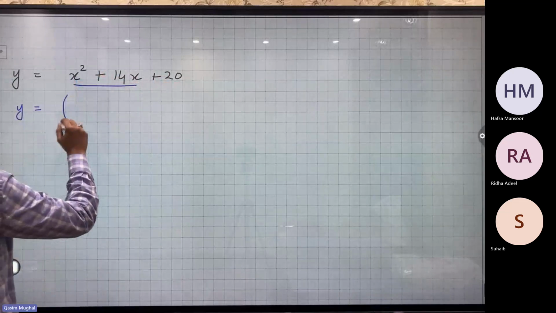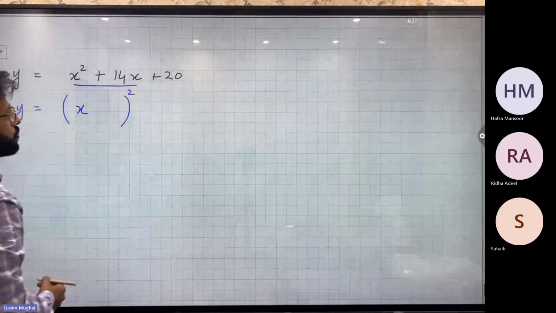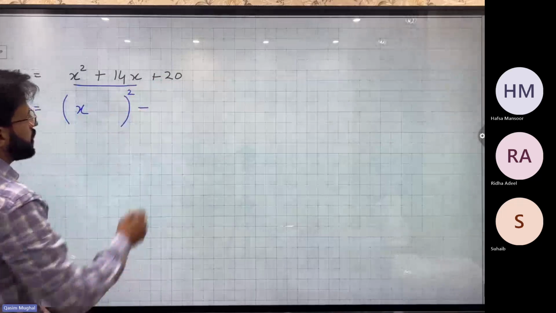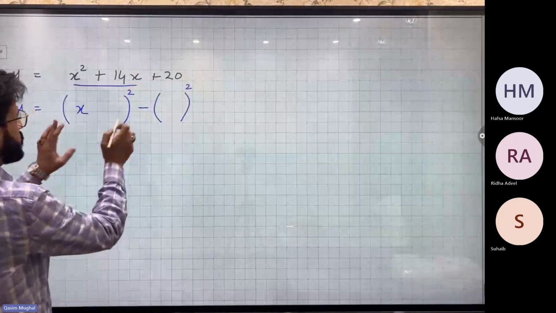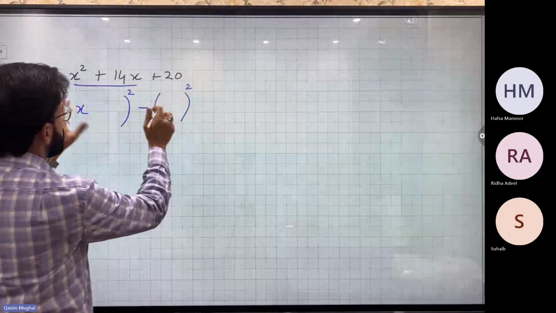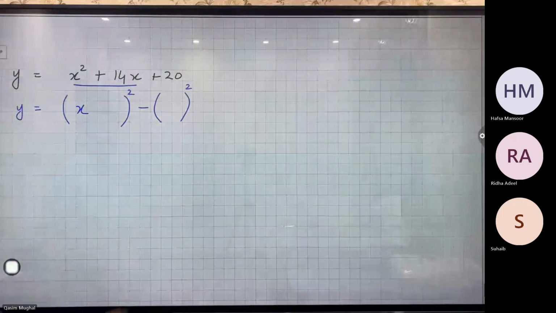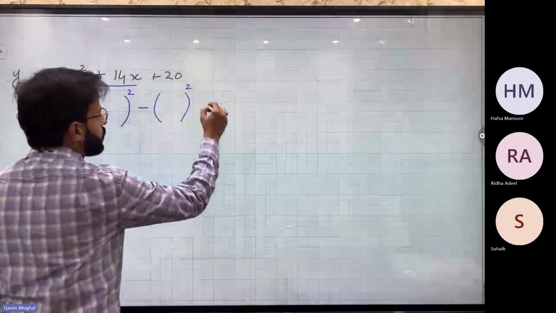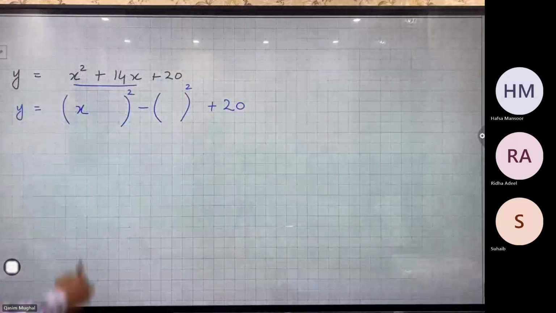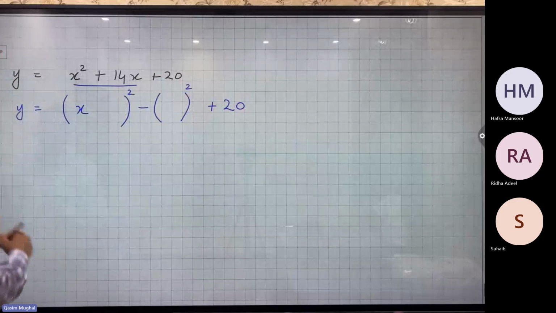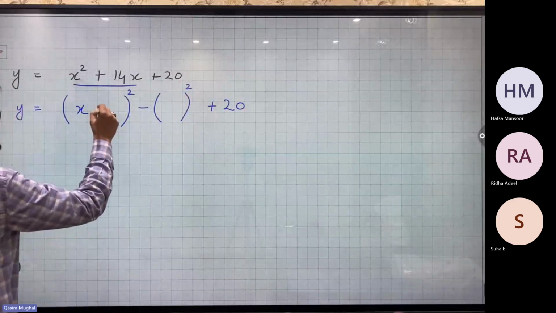The process stays the same: bracket open, x, blank space, bracket close, and then the whole square, minus bracket, empty bracket, whole square. So this part is going to come in place of the first two terms. This thing we are going to carry with us as it is. We shouldn't be bothered about it. Clear? Now, inside the blank spaces, we need to put the half of the coefficient of x. So 14 divided by 2 is 7.